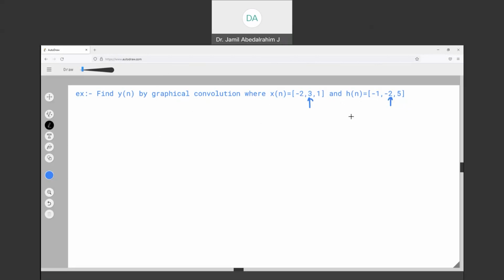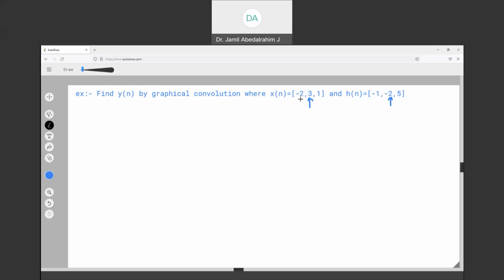Okay, so before we start finding the solution here, what are these three numbers here? x of n equals -2, 3, and 1. These numbers mean signals. So the x of n provides three signals. So -2 actually is a pulse.